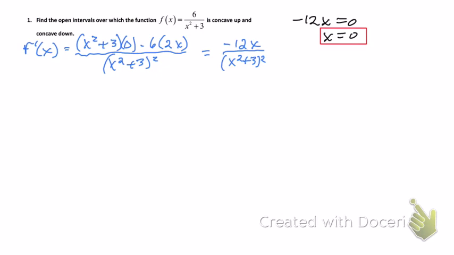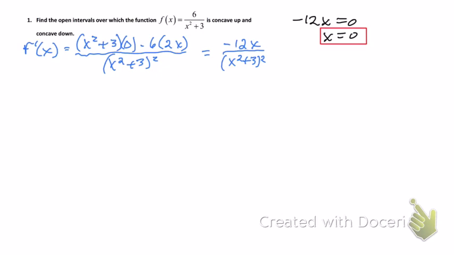I've got to do the numerator and denominator separately, right? So the numerator, I've only got that 0. Now, what are we looking for in the denominator? Is there anything that will make that denominator 0? Is there any value of x that would make this denominator 0?